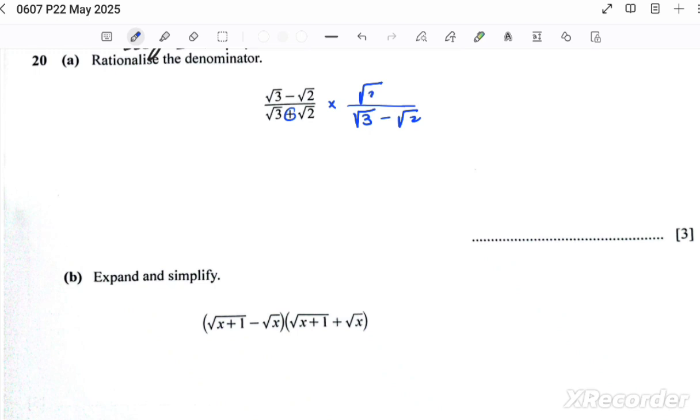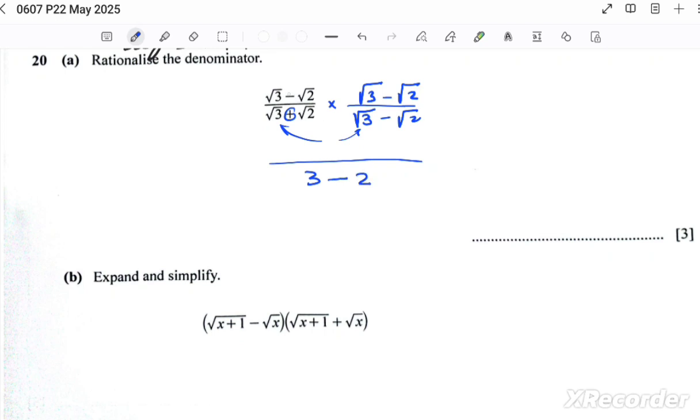So let's multiply by the same. So now if you multiply the denominators, square root of 3 times square root of 3, it's 3. And plus times minus square root of 2 times square root of 2, which is 2.